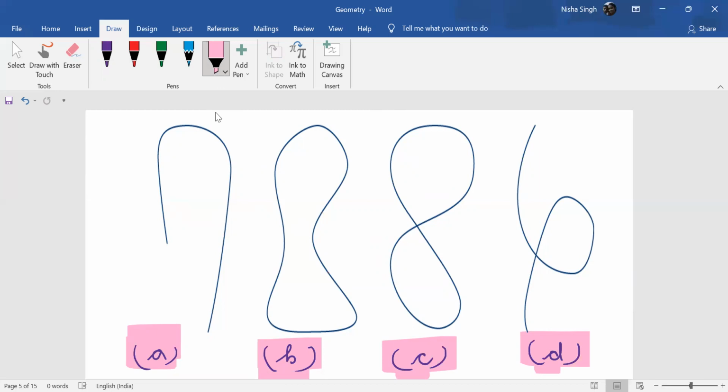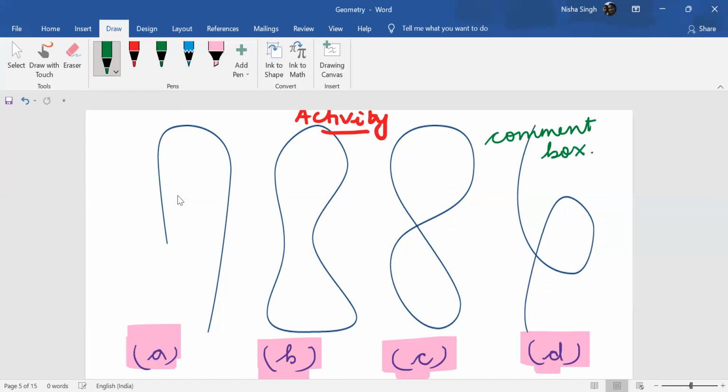Then after, you will write a simple closed curve, and closed curves but they are not simple closed curves. This activity's answers you will write in the comment box. So you will identify which one is closed curve, which one is open curve, which one is a simple closed curve, and which one is closed curve but not simple closed curve. So this is an activity which you are going to do. You will write your answers in the comment box.